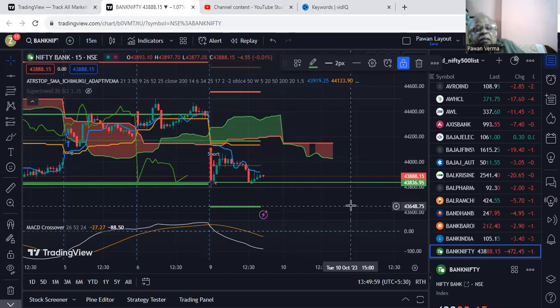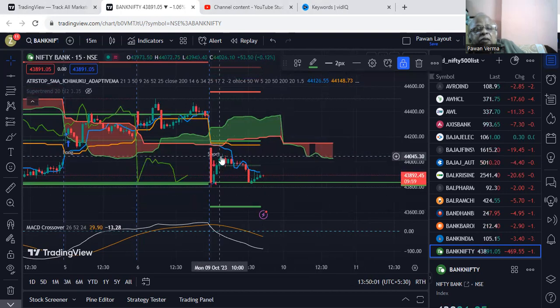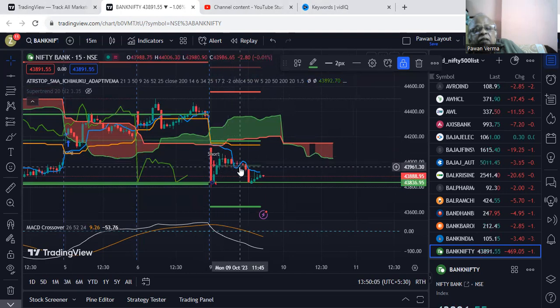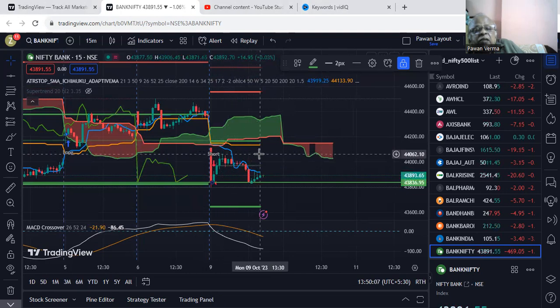After that, from 10 a.m. onward, what we are observing is that the difference between the Tenkan-sen and Kijun-sen is increasing continuously. What does it denote?